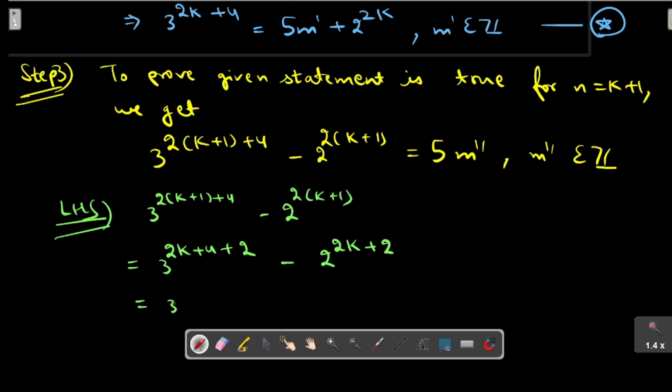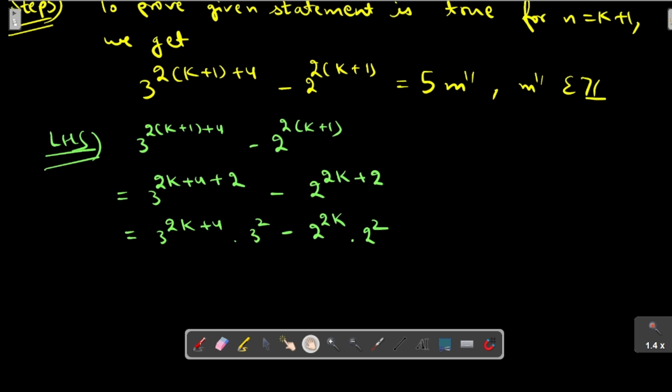That gives you 3 to the power of 2k plus 4 times 3 squared minus 2 to the power of 2k times 2 squared. This gives us 9 times 3 to the power of 2k plus 4 minus 4 times 2 to the power of 2k.